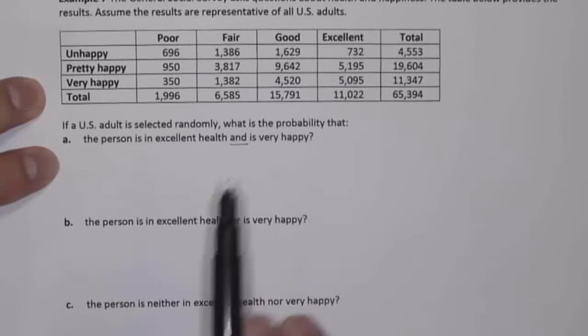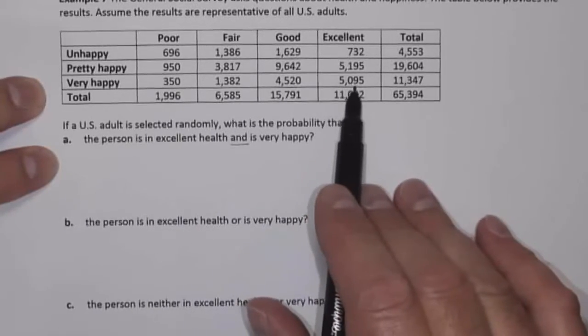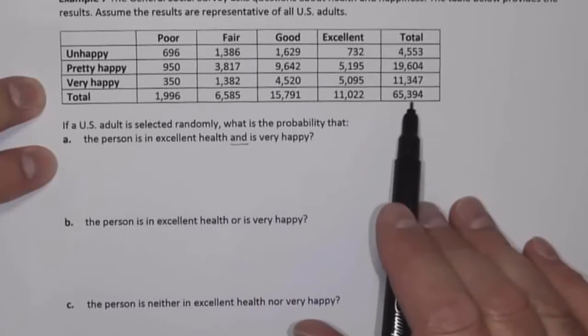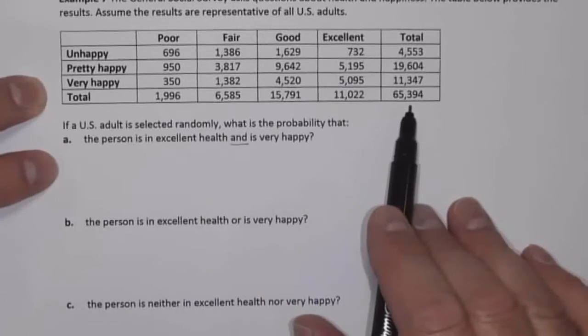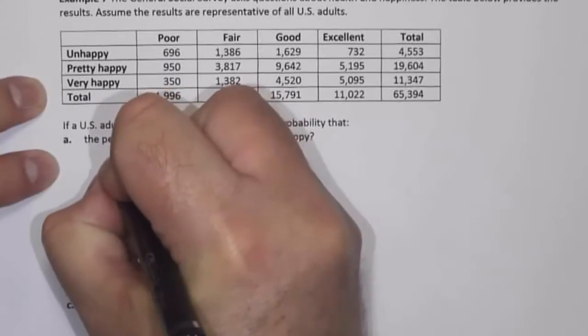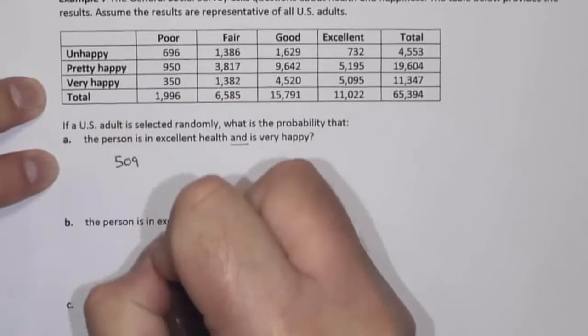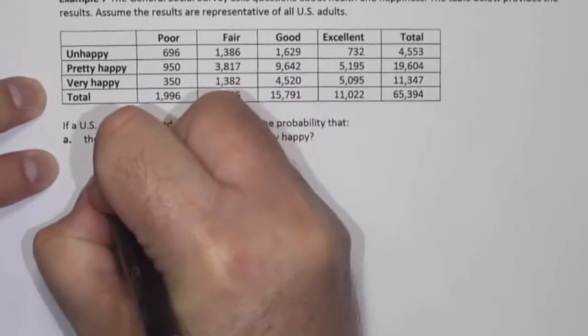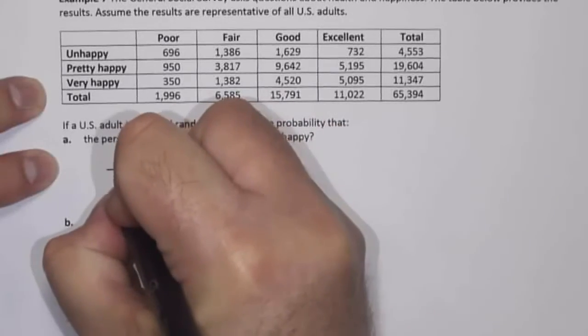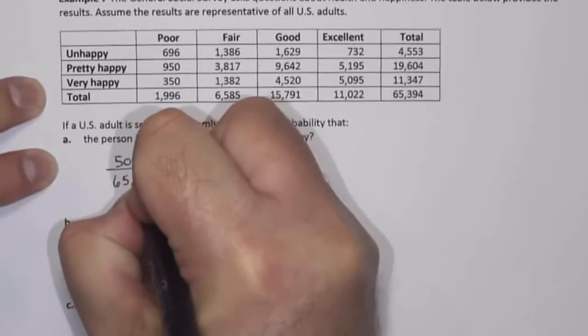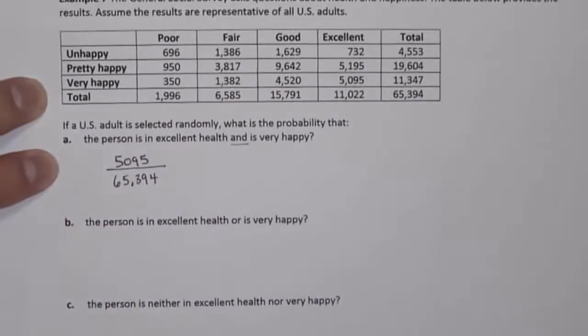So the probability in this case is going to be these 5,095 out of the total of 65,394. So 5,095 out of 65,394, that is going to be our probability.